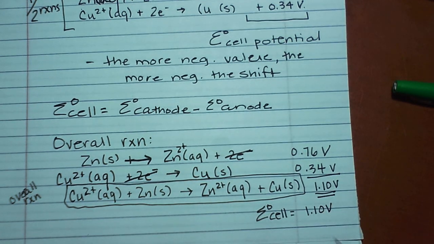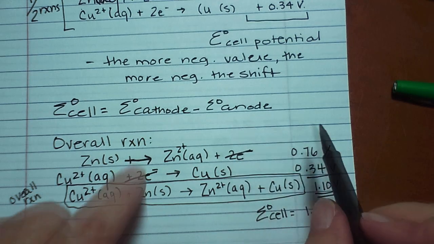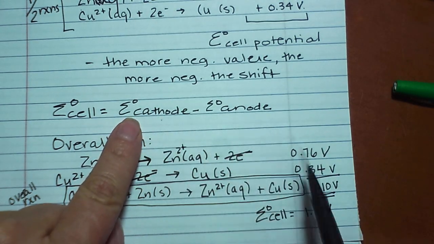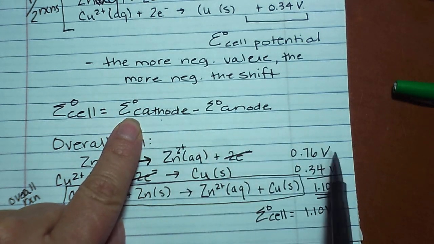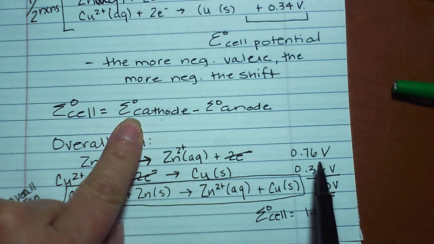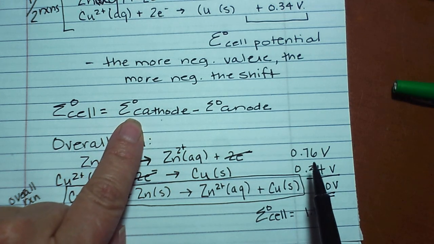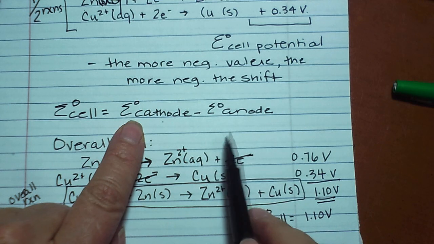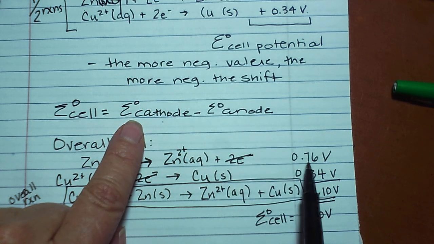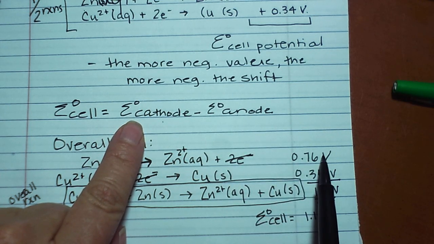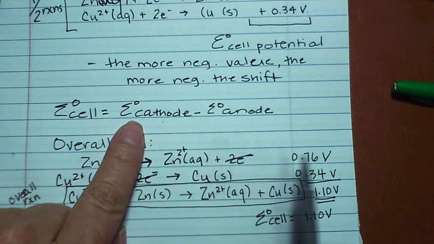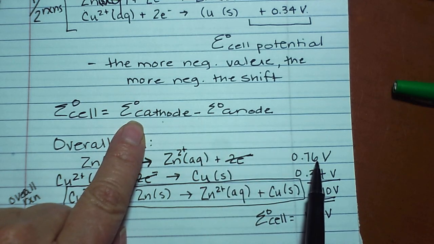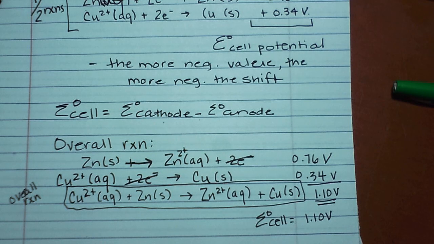And I think that that's confusing because this equation doesn't take into account that you flipped this. And I want to be clear because if you watch the AP video, which you're going to do tonight, you're going to see that she does not flip the 0.76. She leaves it as negative, in which case, when you subtract the anode, you're subtracting a negative. So you're basically adding the positive.